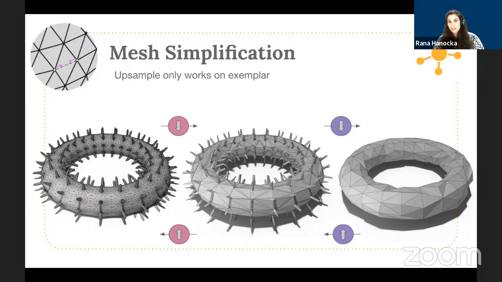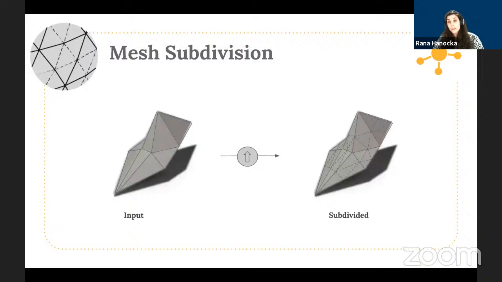Because the order of edge collapses on one mesh doesn't translate to different meshes. So in other words, we need compatibility between the upsampling operation that we apply on the exemplar shape and any arbitrary target shape. So for this reason, we decide to use a generic midpoint subdivision operation, which upsamples every mesh in the same manner by splitting each triangle into 4 triangles.